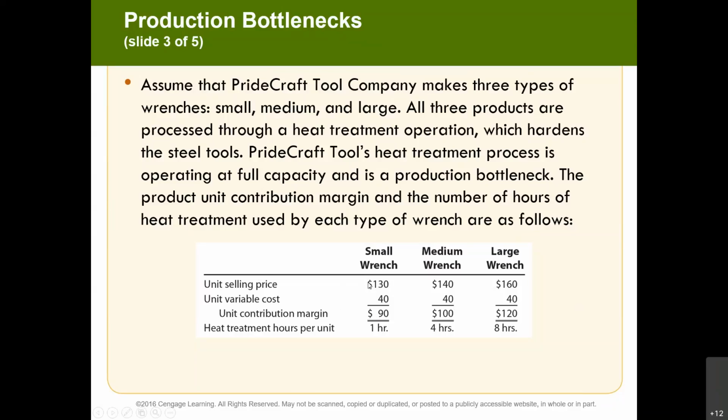And of course, the larger the wrench is, the more materials it has, which also means the longer it takes to heat treat each different product. For small, it's an hour. For medium, it's 4. And for large, it's 8.